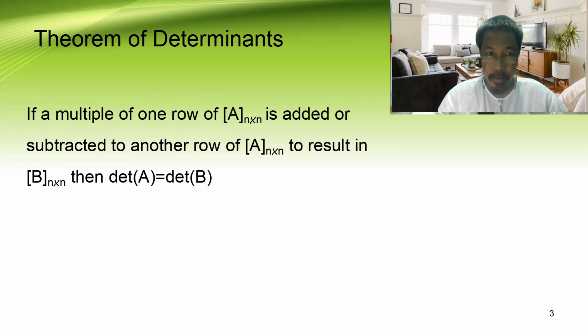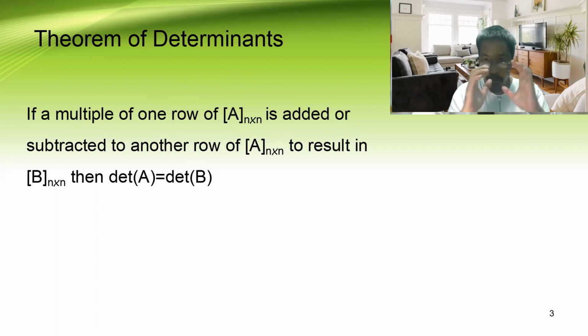If a multiple of one row of a square matrix is added or subtracted to another row of that same matrix to result in matrix B. So we have a matrix A, which is n by n, and we have matrix B, which is n by n. Let us just focus on matrix A, which is n by n.